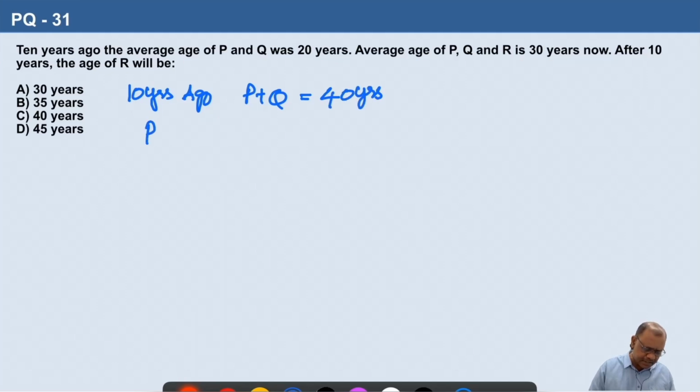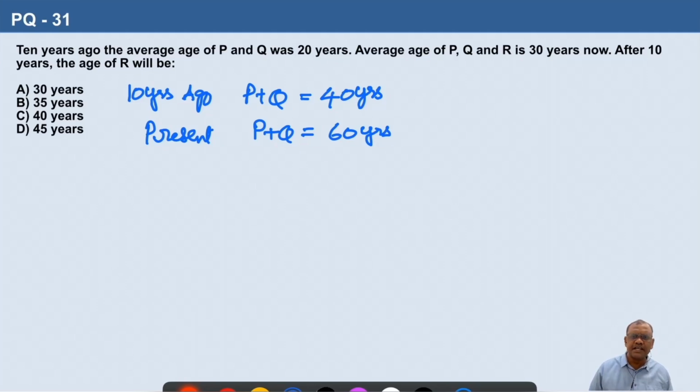So for the present age of P plus Q, 10 years is included for both P and Q. So on the whole 20 years is included. 40 plus 20, it becomes 60 years.